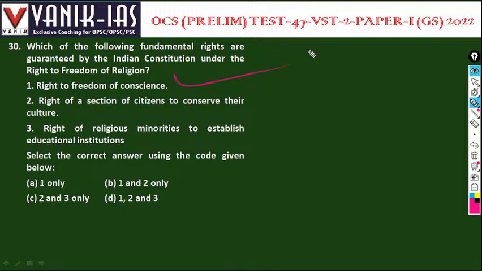Right of a section of citizens to conserve their culture, no, this is also a right. Rights of religious minorities to establish educational institutions, no. Freedom of religion is from articles 25 to 28. This is in 29 and 30, which are for minorities. So only 1 is the answer.